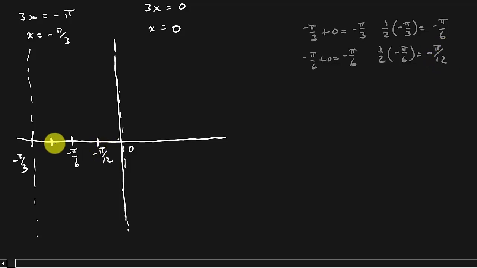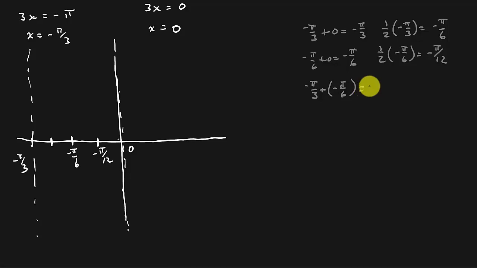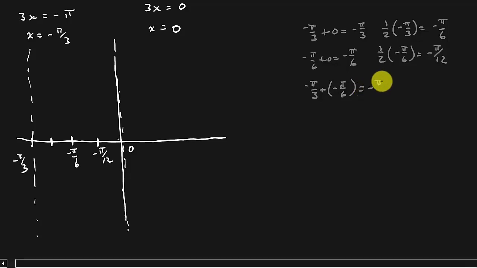And then I need the midpoint here. So that's going to be negative pi over 3 plus negative pi over 6. Well, let me change colors there so it'll all be the same. Negative pi over 3 plus negative pi over 6 is going to be negative 3 pi over 6, so negative pi over 2, if I'm doing that right in my head.